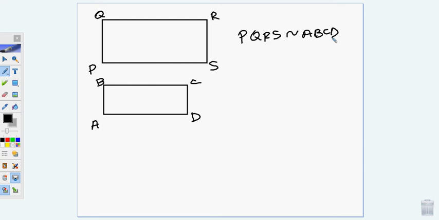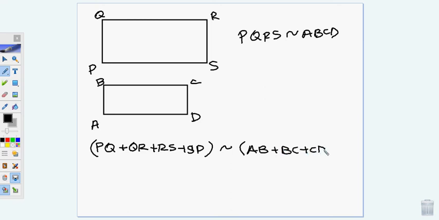So for example, PQ plus QR plus RS plus SP is related by the same factor of similarity to AB plus BC plus CD plus DA. Perimeters are calculated by a factor of 1, they're not squared or anything like that. This allows us to calculate perimeter using similarity.